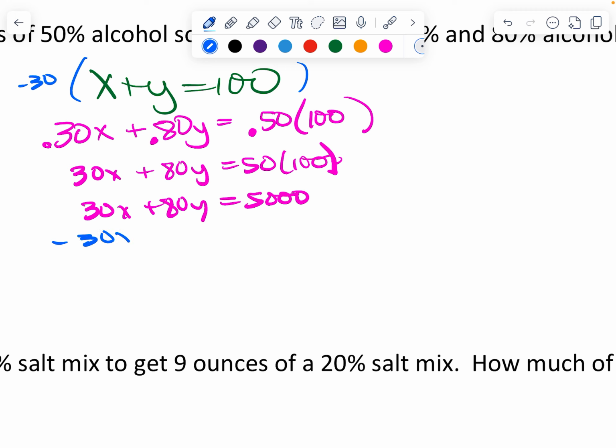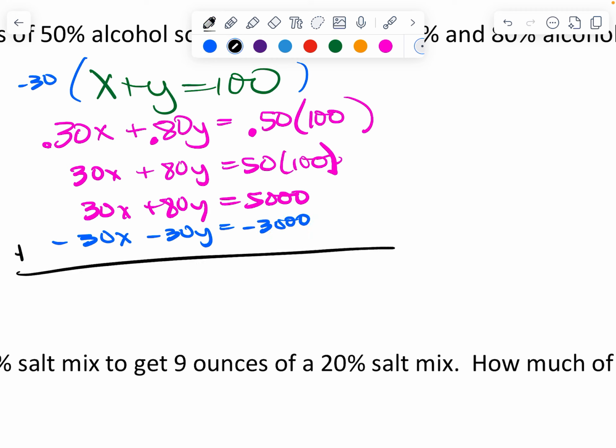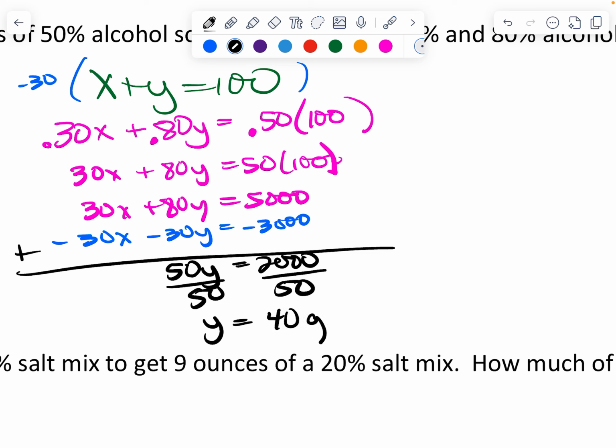So negative 30x minus 30y equals negative 3,000. So I get 50y equals 2,000. Divide by 50. Y equals 40 gallons of 80% acid.